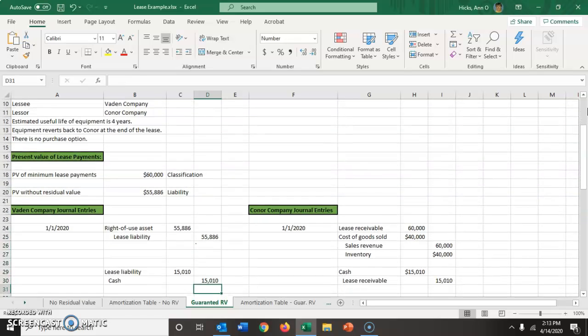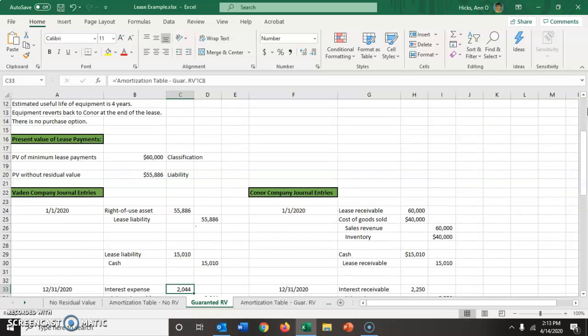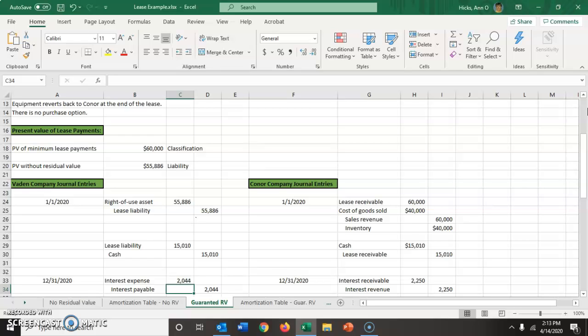On that same date, just like in the previous example, we will make our first payment, which is the $15,010. We will debit lease liability and credit cash. Again, interest doesn't play into it because the payment is being made at the beginning of the year.